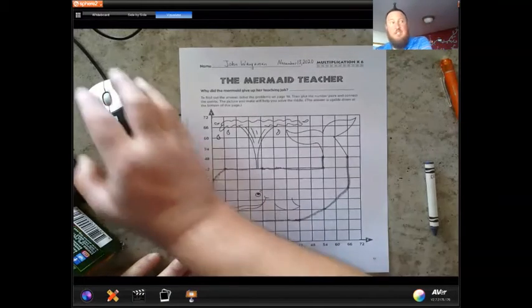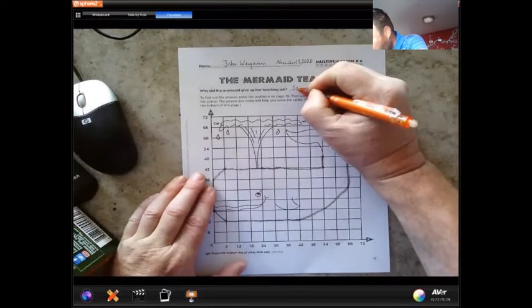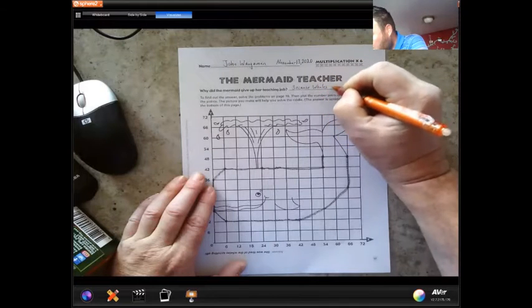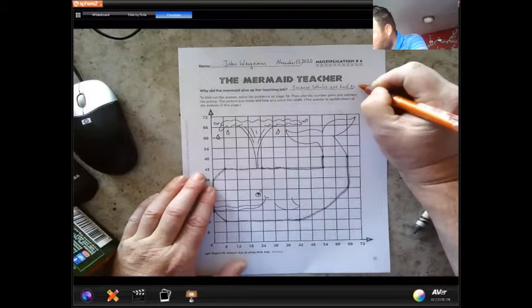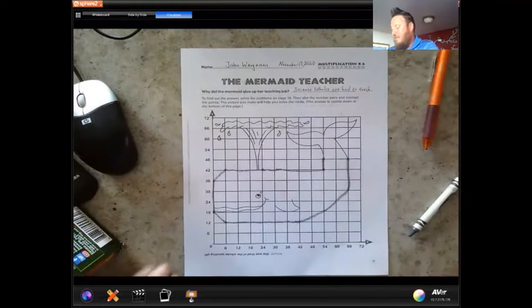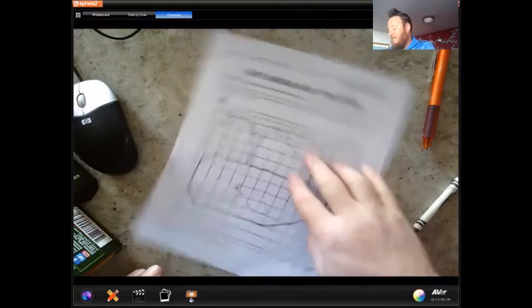Now, to see the real answer, I'm going to write that. Because whales are hard to teach. I'm going to look down at the bottom now to see if I was right because the answer is upside down at the bottom.